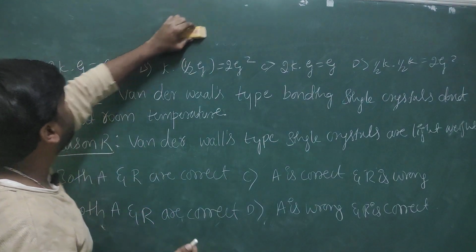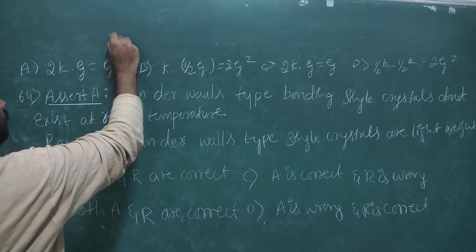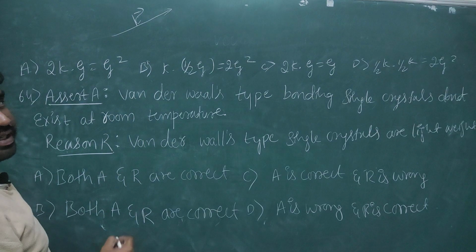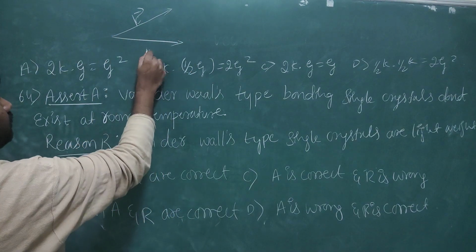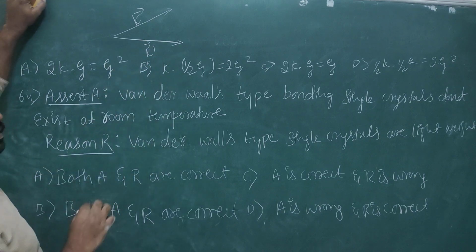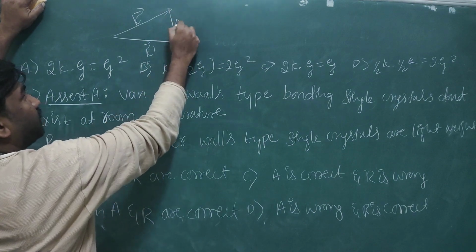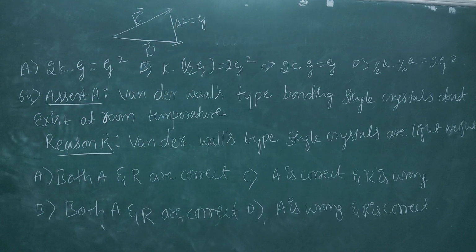I am going to draw the diagram like this. Suppose vector k is the scattered, outgoing vector, and vector k prime is the incoming vector, and delta k, which is equal to G, is the reciprocal vector or scattering vector.